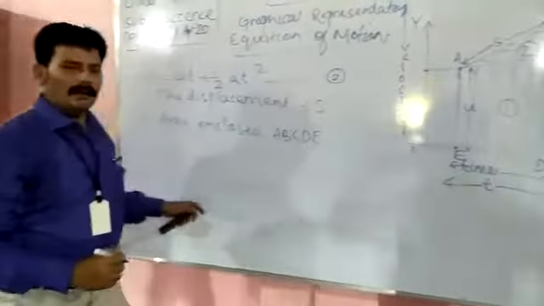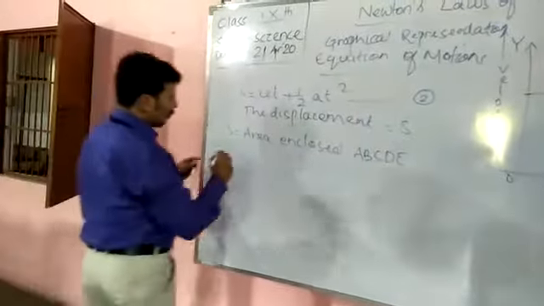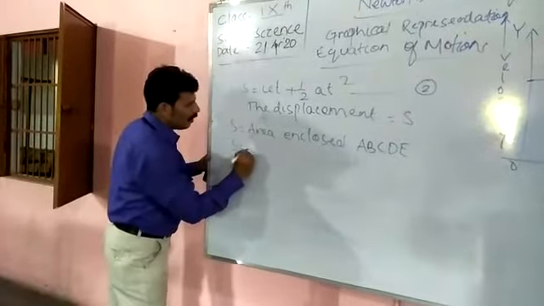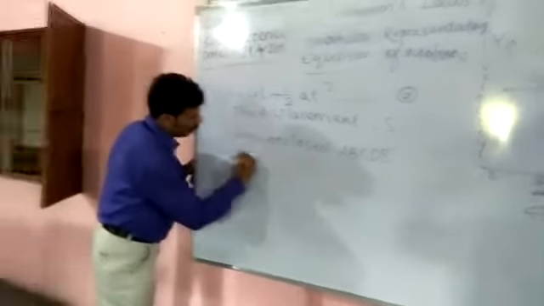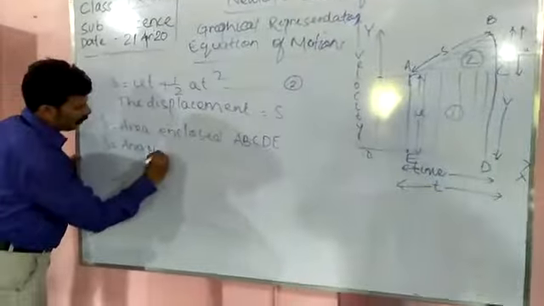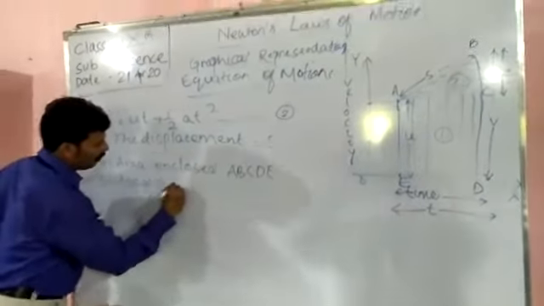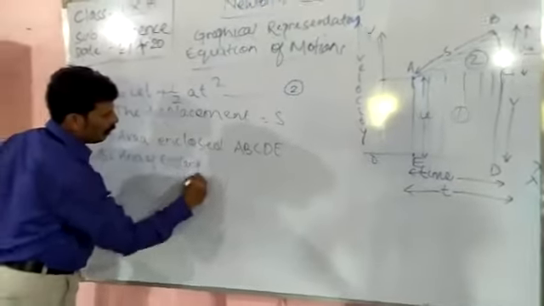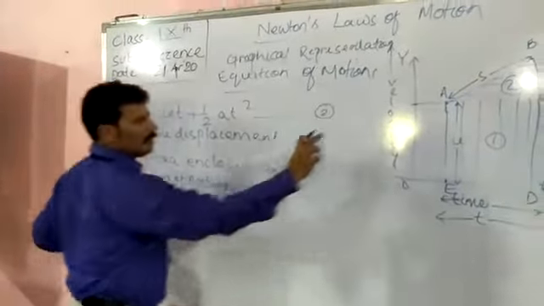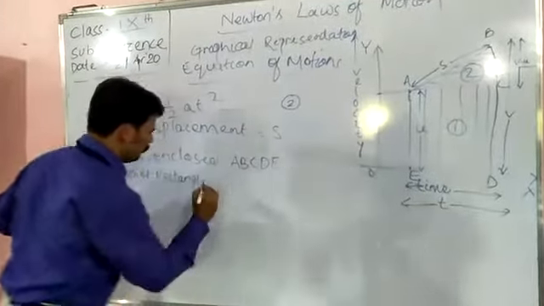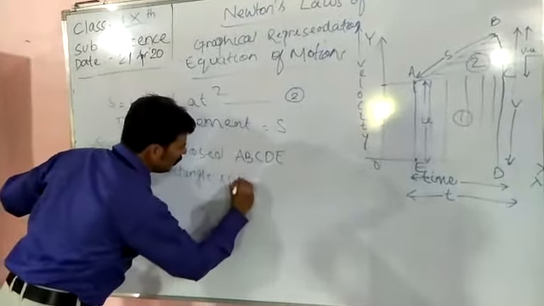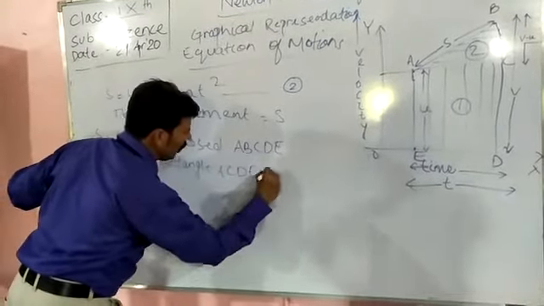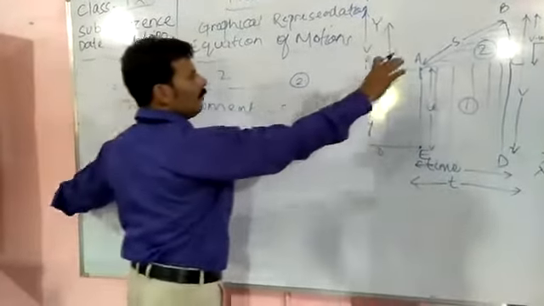So what is the area of the rectangle? S will be the area of the rectangle ACDE plus the area of the upper part.